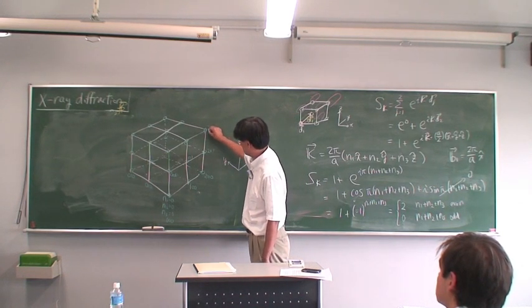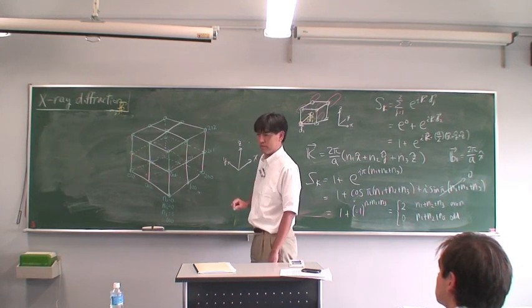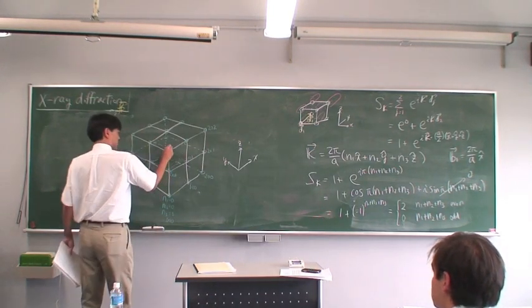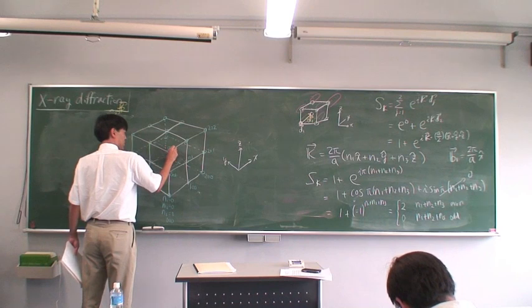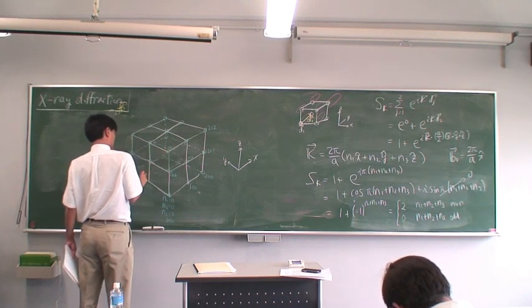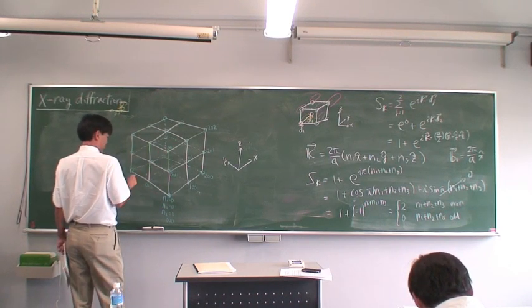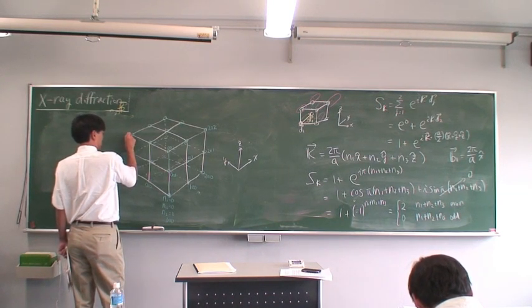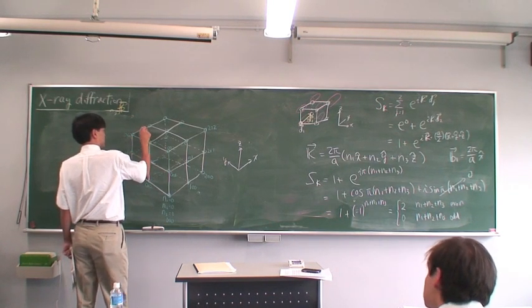And this is 2, 0, 2. 0, 0, 2. 0, 2, 1. 0, 2, 2.